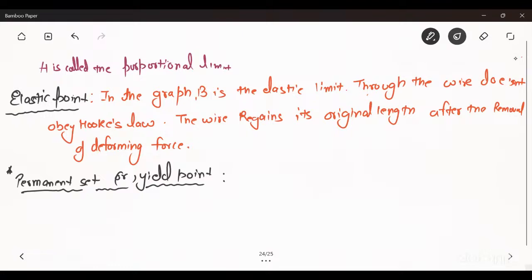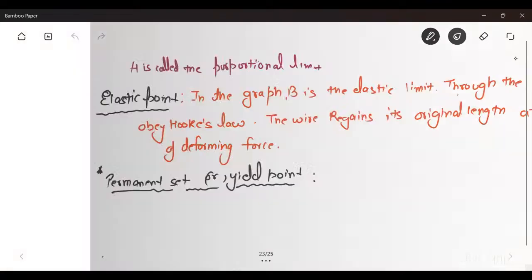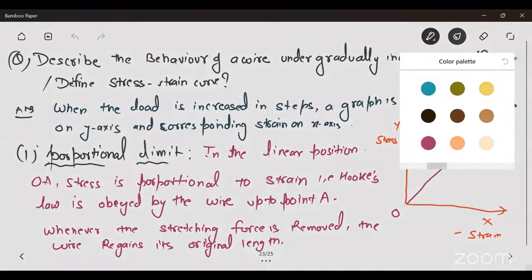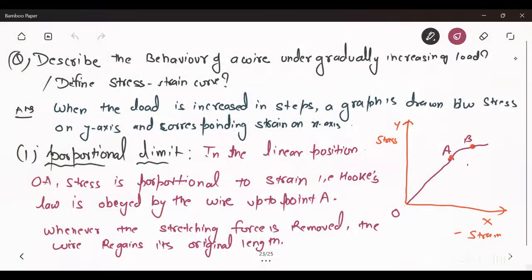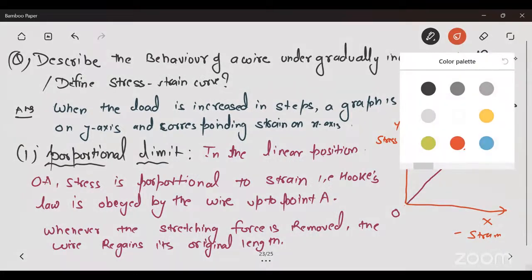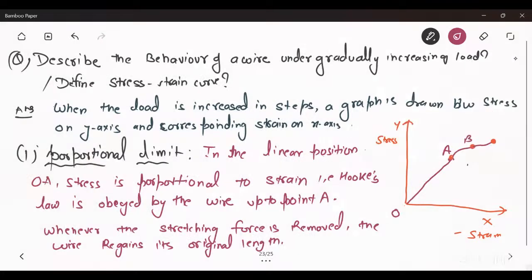If we increase the load again, a point C comes, which also does not obey Hooke's law. But if we remove the load from here, it does not regain its original shape and size.